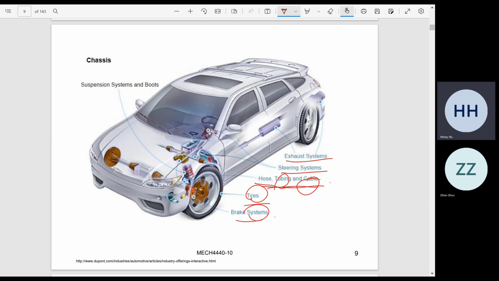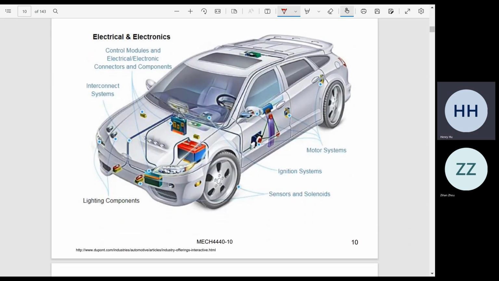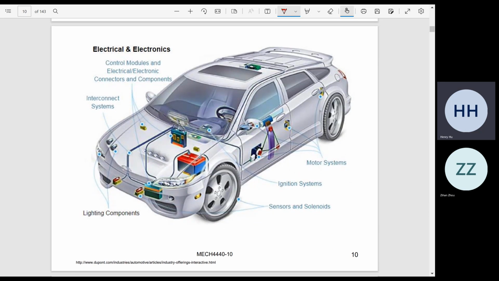And steering systems, exhaust system over there, okay. Electrical and electronics, okay. Those components related to the lighting, as a cover or the bezel or whatever over there, are made by polymer.